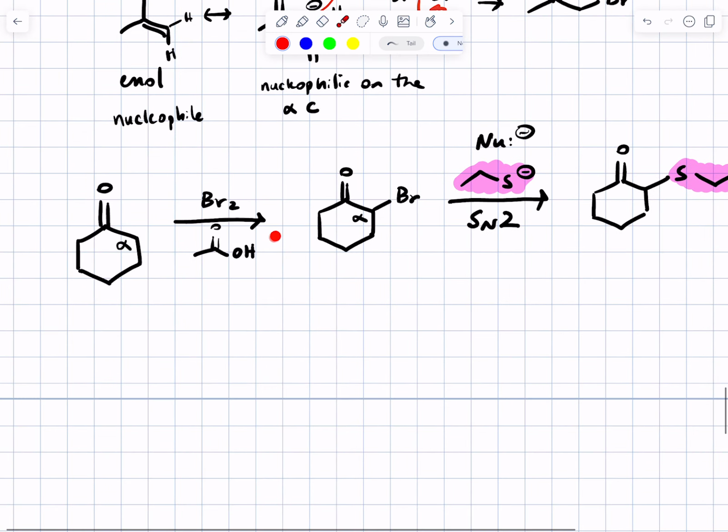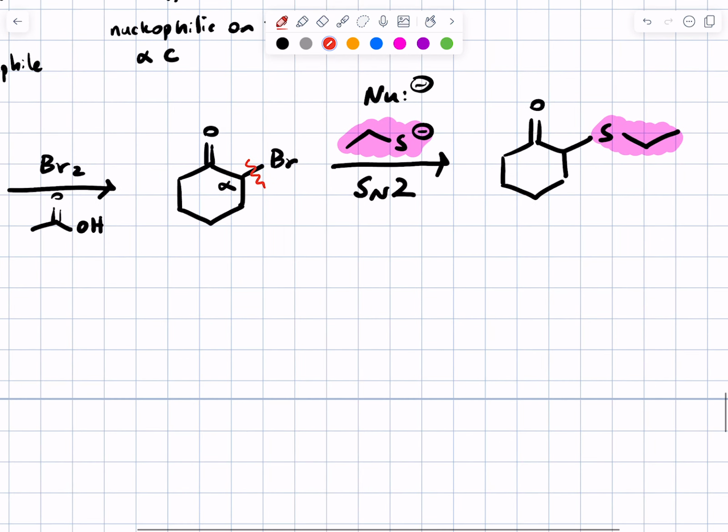And then you would need to remember, oh, I know a reaction that actually puts a halide on a carbon alpha to a carbonyl. Again, synthetically thinking backwards. SN2 is a reaction you learned in 351 that you can do with alkyl halides. What about elimination reactions? Doing an E2 reaction.